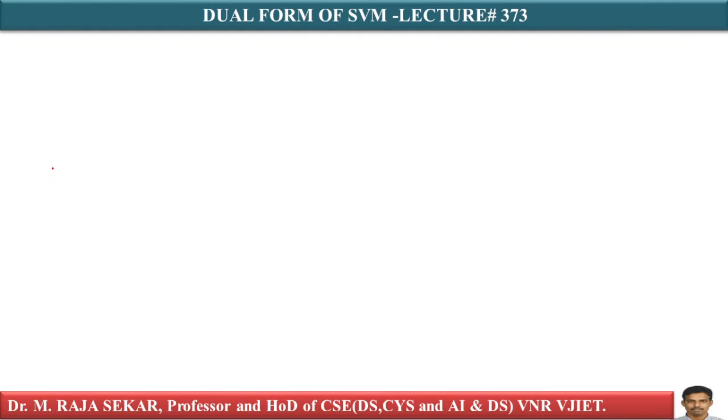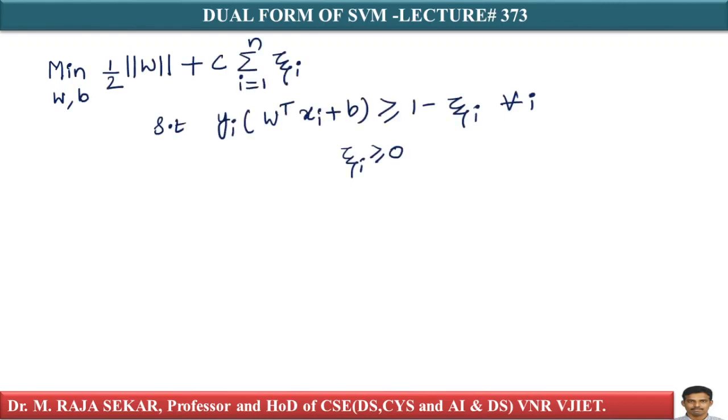So, if you write the soft margin support vector machine formulation, it looks like this. Minimize over w comma b, 1 by 2 into norm w plus C into sigma i equal to 1 to n xi_i, such that yi into w transpose xi plus b is greater than or equal to 1 minus xi_i for every i, and xi_i is greater than or equal to 0.